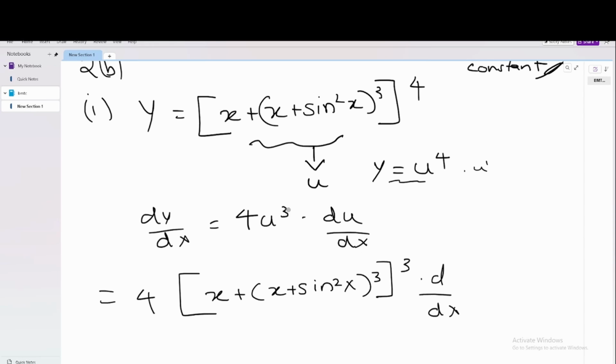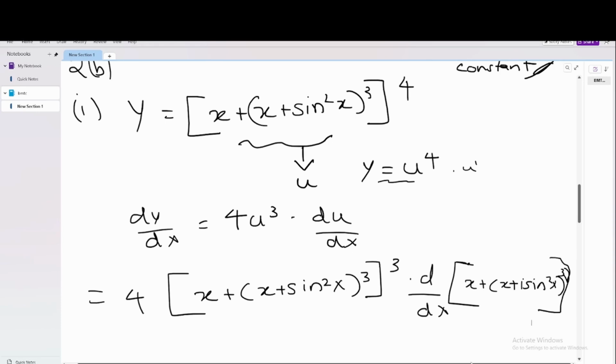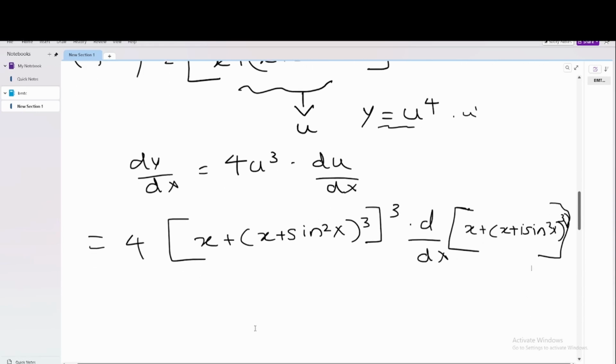Derivative of u is equal to d by dx of x plus the cube term. We have to take the derivative of this term.